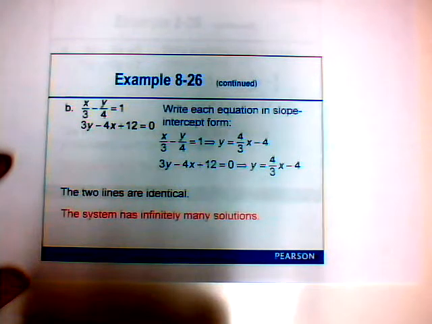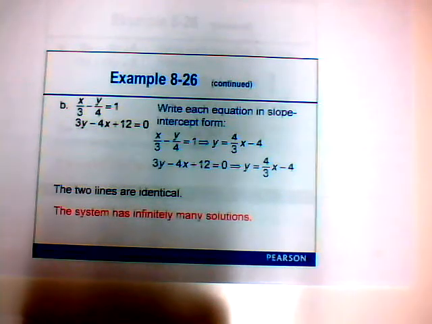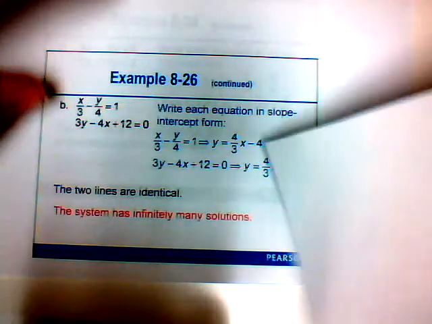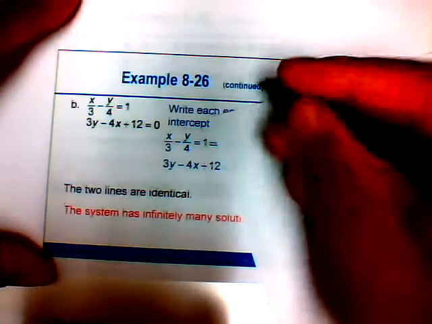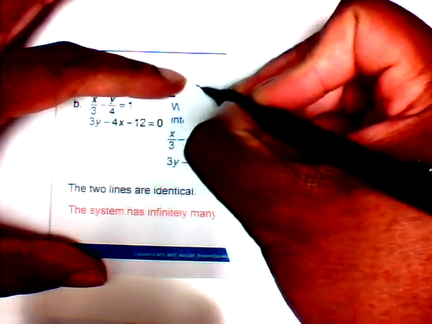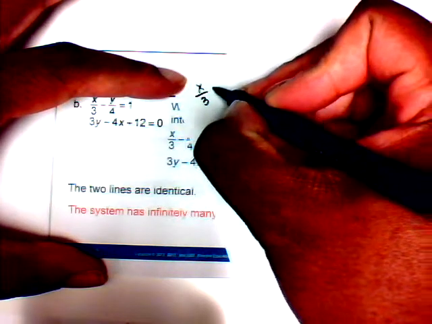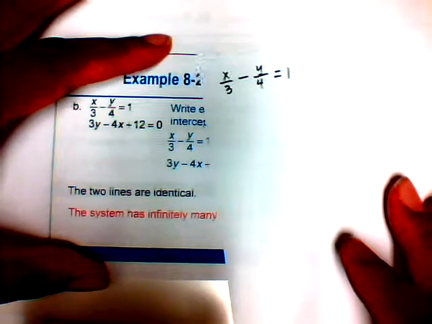Okay, another example would be this. x over 3 minus y over 4 is equal to 1, and 3y minus 4x plus 12 equal to 0. We can write each equation in slope-intercept form, which is what I will do. For this first equation, we've got x over 3 minus y over 4 is equal to 1.